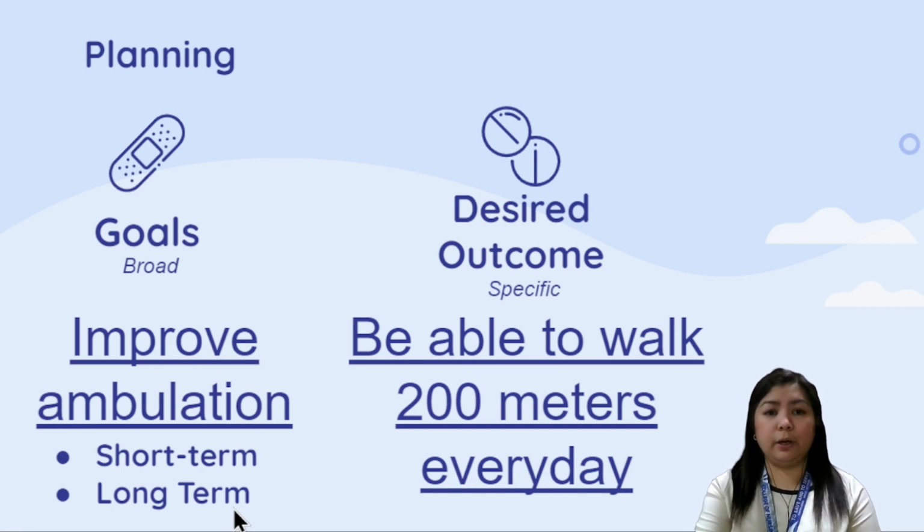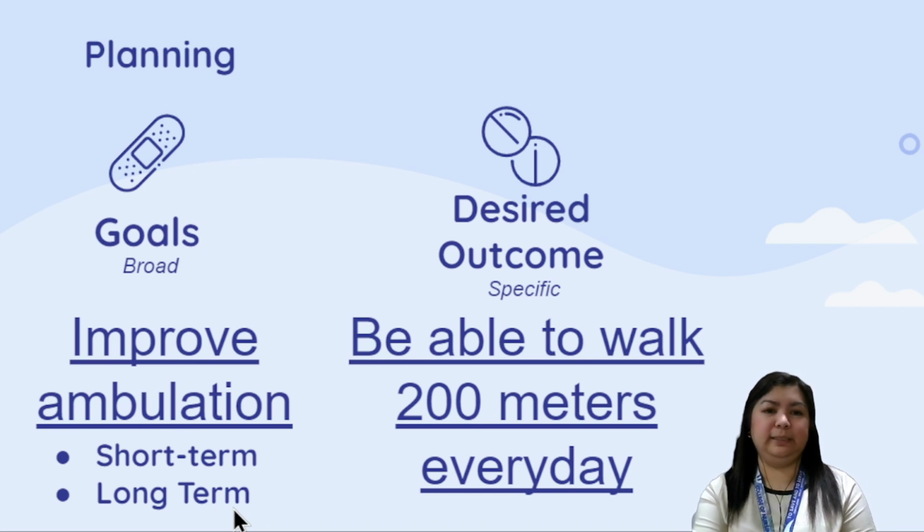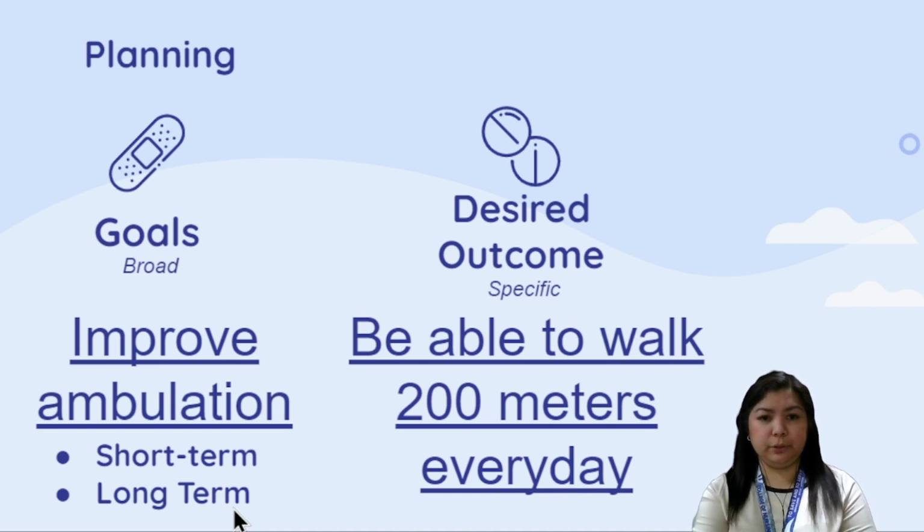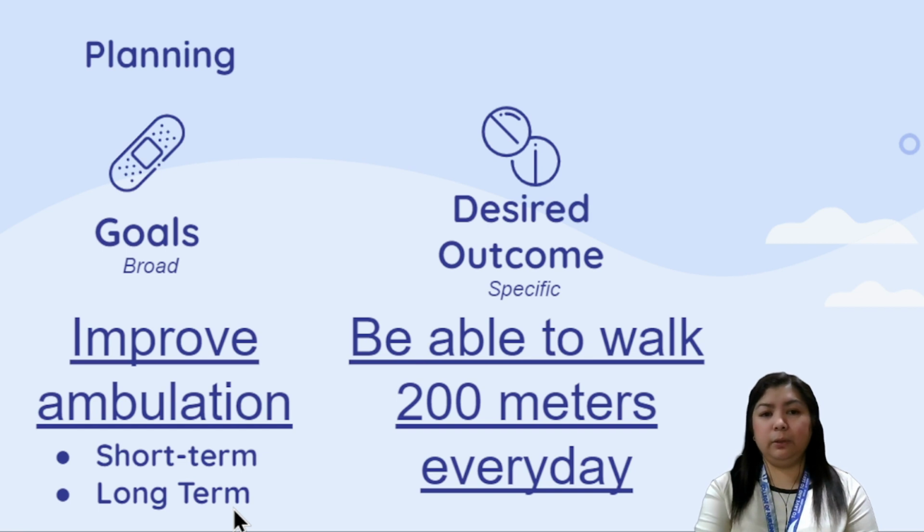Then, of course, there are goals that can be achieved in weeks or months, so they are called long-term goals. These kinds of goals are used for clients who are at home, those with chronic conditions, or those patients in long-term nursing care facilities, or those in rehabilitation centers.